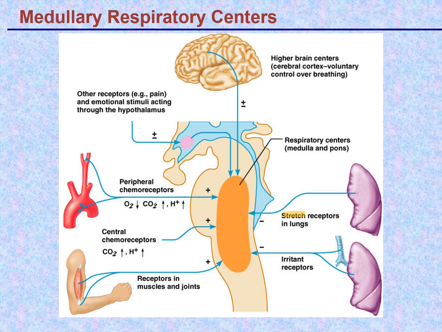There are stretch receptors, for example, in the lungs. If you overstretch by breathing in too deeply, you will send some negative signals, so that to reduce the depth of breathing if it's getting too stretched. Irritant receptors will cause you to breathe less deeply also.